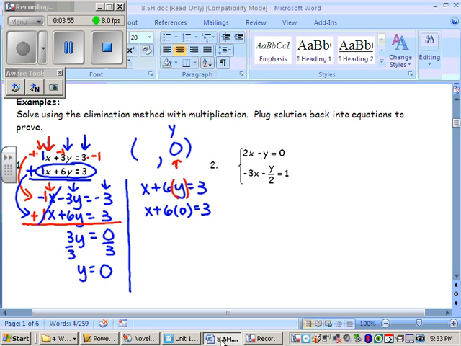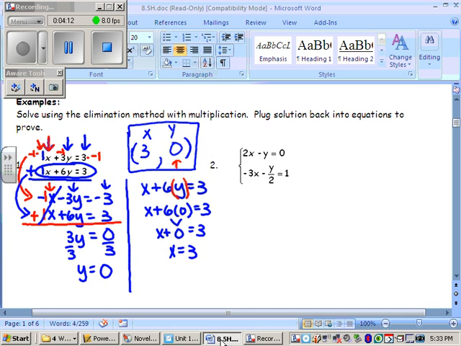From here, I can simply solve for x. So x equals 3. Oops. Let me just change that real quick. So our solution to this system of equations is 3, 0, which means if we were to graph these two equations, their point of intersection would be at 3, 0.